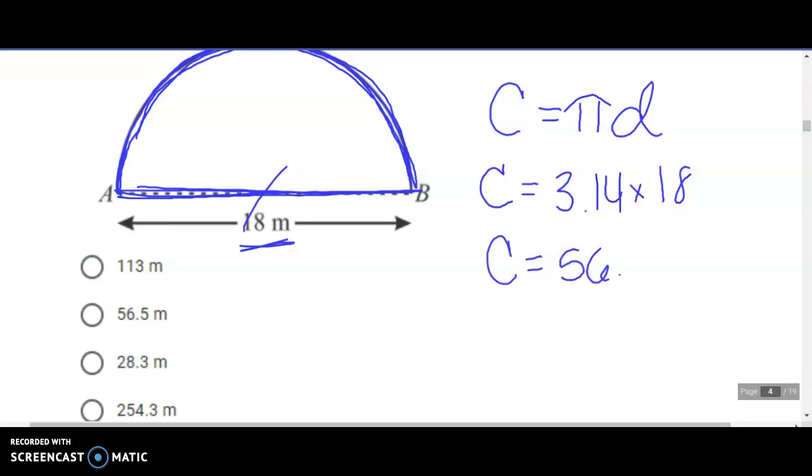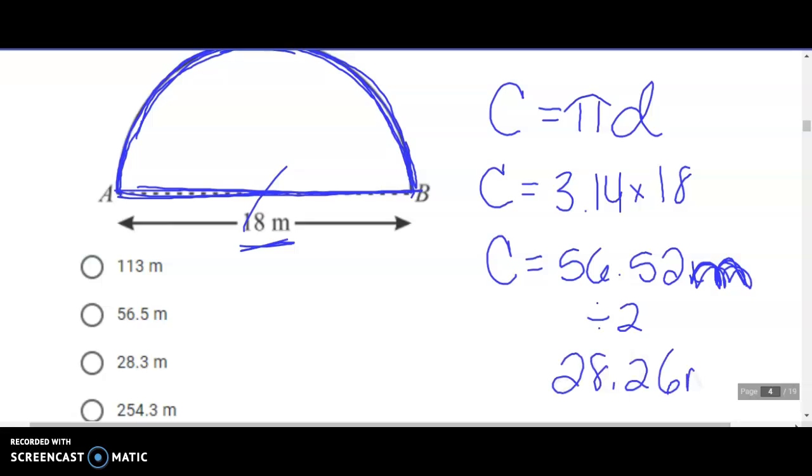So that means that if we went all the way around, it would be 56.52 meters, sorry. But we're only going halfway around. So now we're going to divide this by 2, and we get 28.26, and so that's going to be your answer for that one.